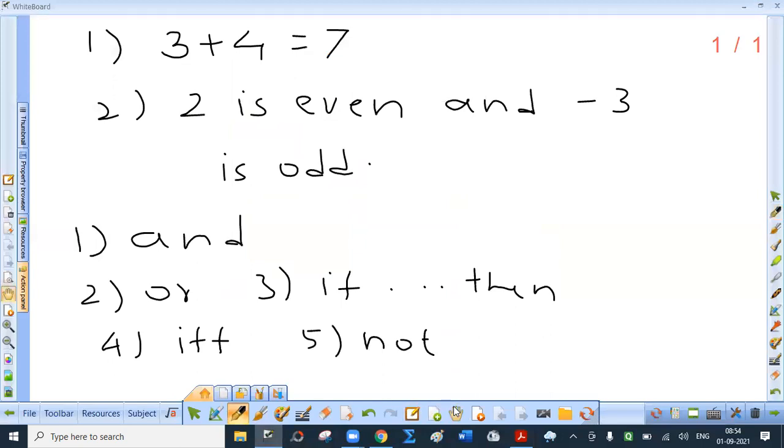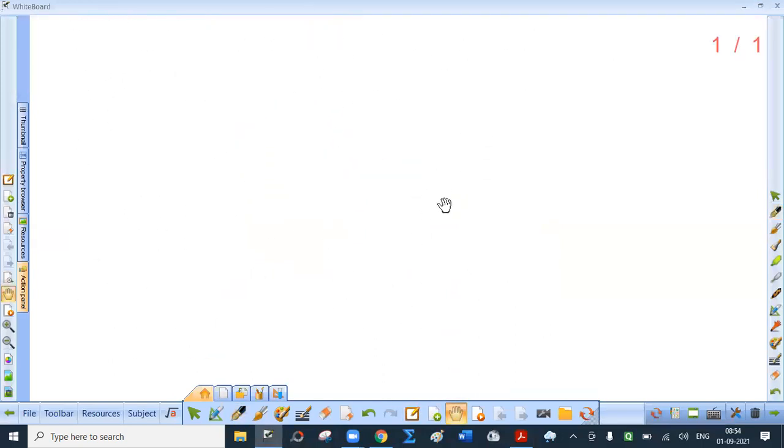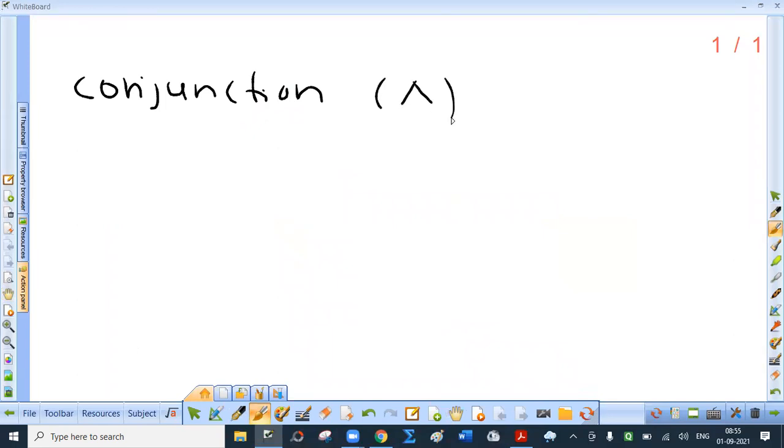Now we discuss these logical connectives one by one along with their truth tables. So conjunction. Let me explain first. Now this is the symbol for conjunction. A compound statement formed by combining 2 given simple statements by the connective word and is called the conjunction of the 2 given statements.